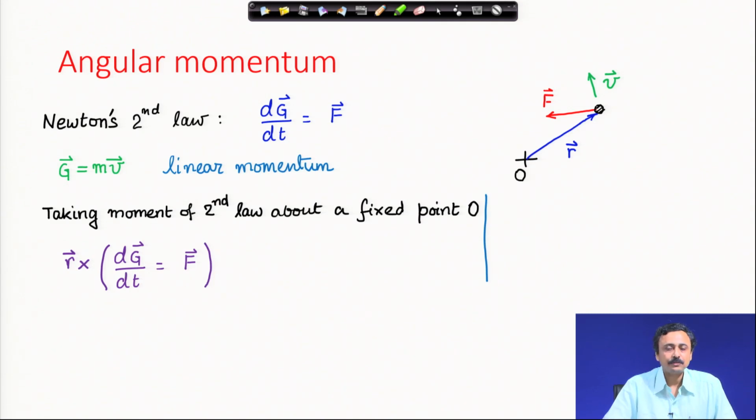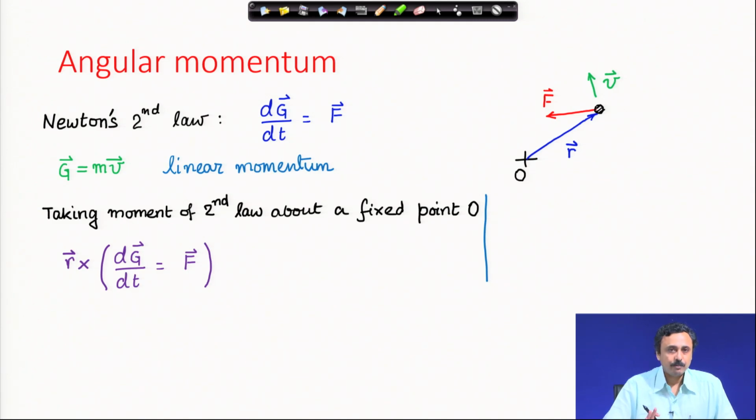This is the moment of a vector; moment of any vector I can define this way: the arm vector cross the vector whose moment I want to find out. Arm vector is r, and arm cross vector is the moment of a vector always. This cannot be reversed because the cross product, as you know, is non-commutative.